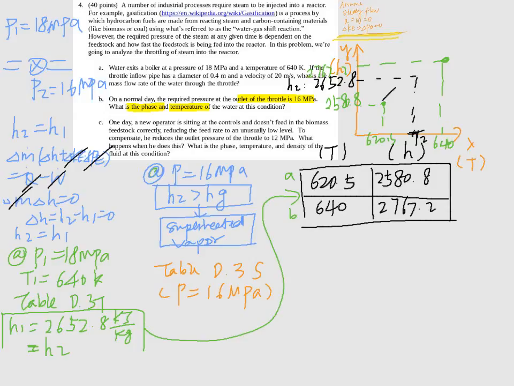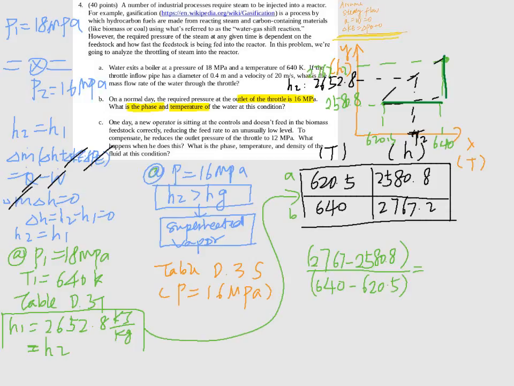Okay, so you can use the slope to find out what this value is. The slope is this over this. So that will be 2767.2 minus 2580.8 over 640 minus 620.5. So this is the slope for this highlighted green.